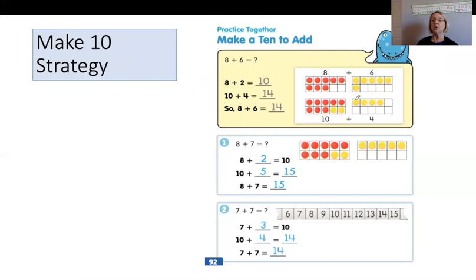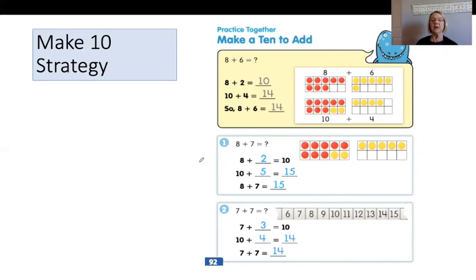And our some more left over is 1, 2, 3, 4. So we made a 10, and then we have some left over. So we said 8 plus 2 is 10. We filled in the 10 frame. And then we said 10 plus 4 more is 14. So 8 plus 6 is 14. So we can make a 10 to add.